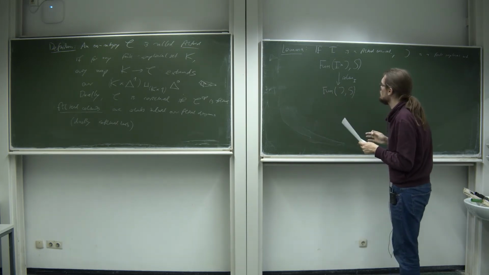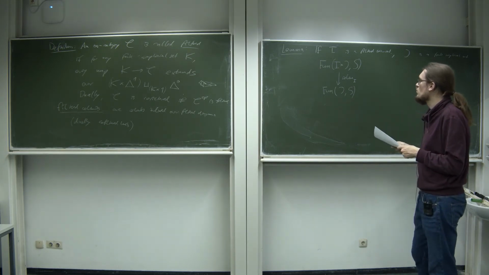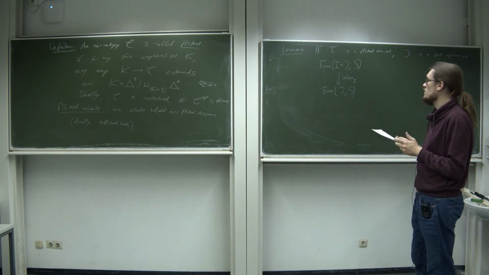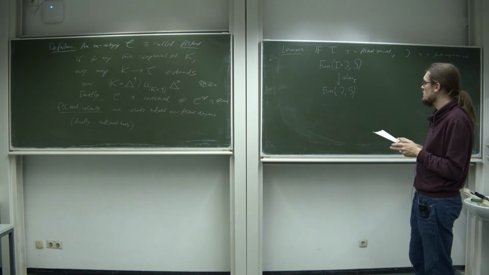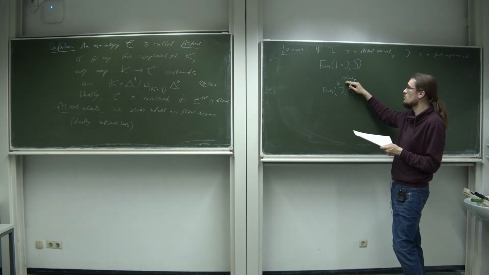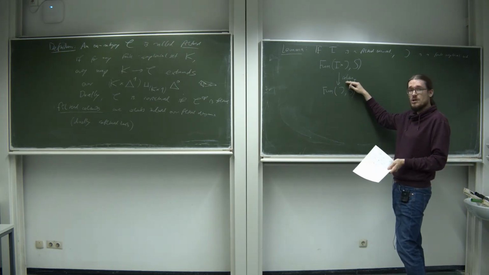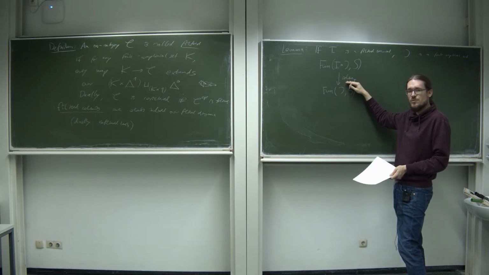This does use more than we technically know about colimits. This does use that colimits are functorial or can be chosen in a functorial way.